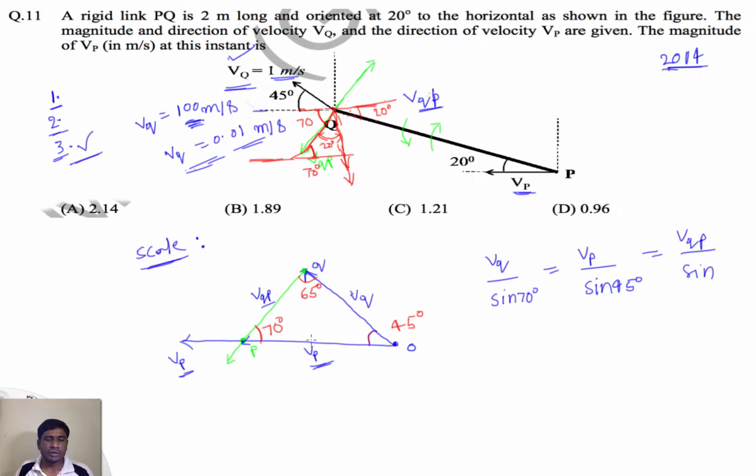This is VP and the opposite angle is 65, not 45, and for VQP the opposite angle is this one, 45. We need to find out VP for a given VQ. So what is VP? VP equals VQ, which is 1, into sine 65 degrees by sine 70 degrees, then we will get 0.96.